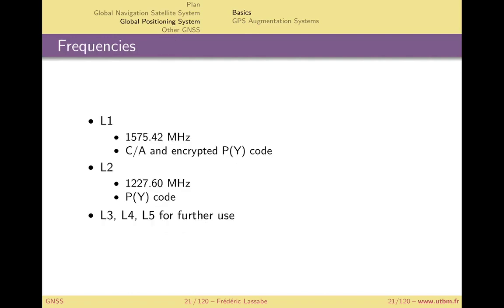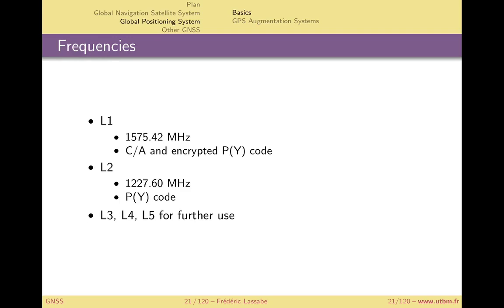The satellites and the user devices communicate through several frequencies. So the first one is L1 near 1500 MHz with coarse acquisition and encrypted PY code. The encrypted PY code is reserved for the US military.